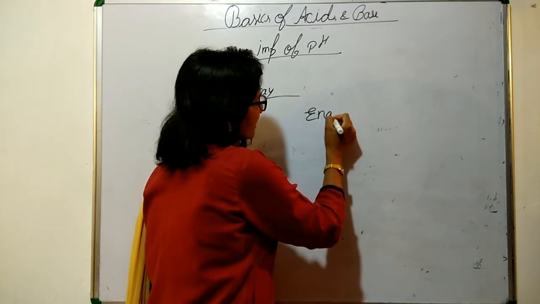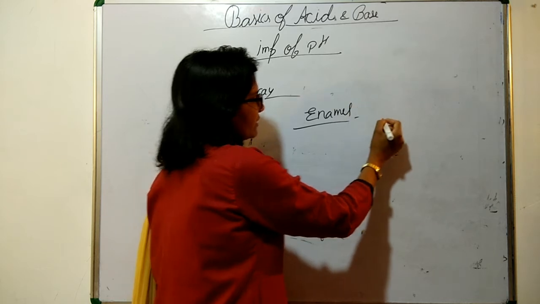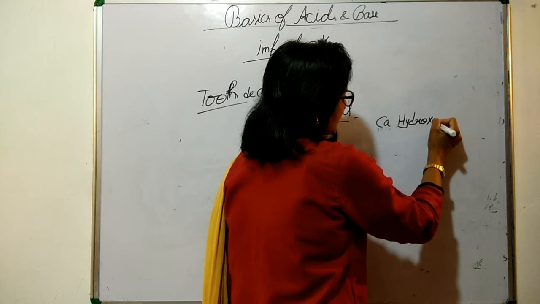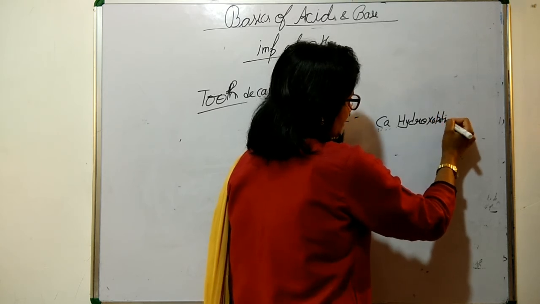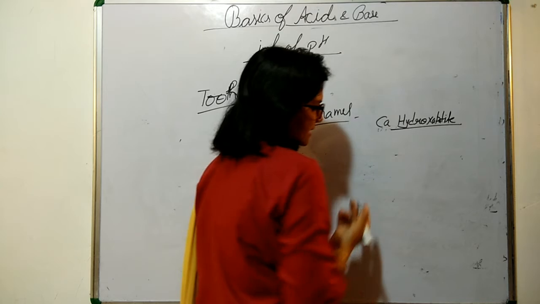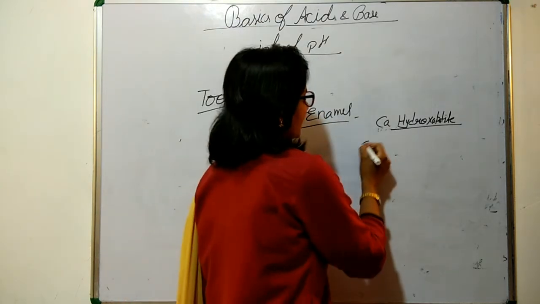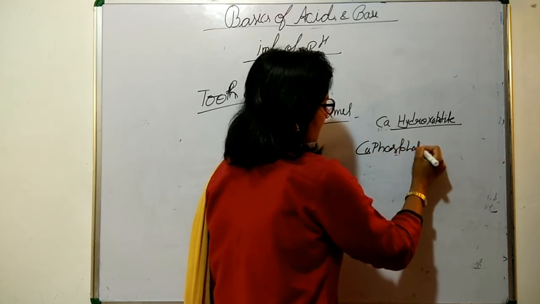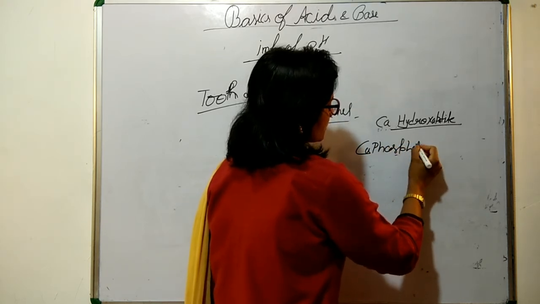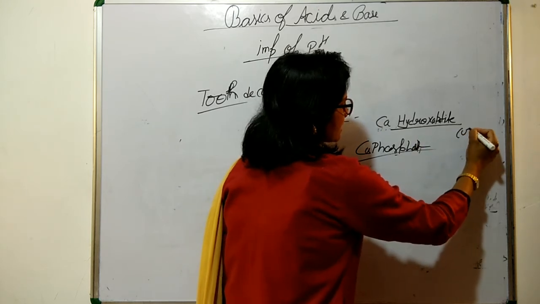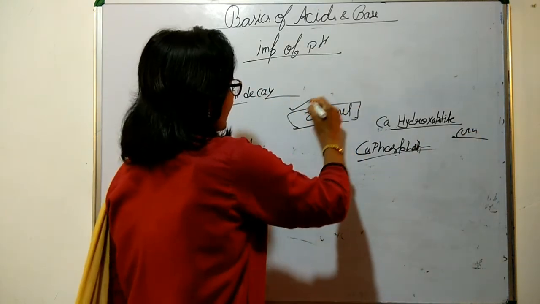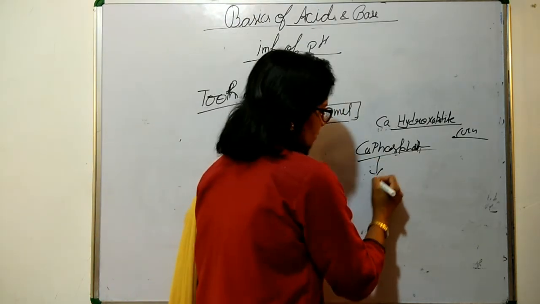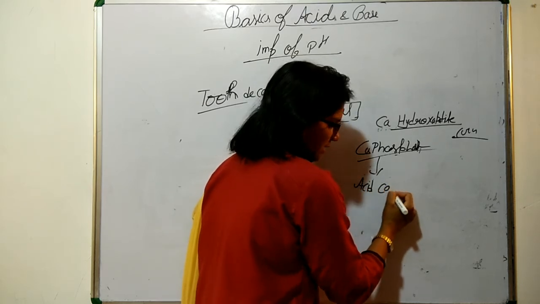In our tooth, the hardest material is enamel, which is made up of crystals of calcium phosphate. It is crystalline in nature. This is the hardest material and doesn't corrode, but it may corrode due to acid. So acid corrosion can happen here.